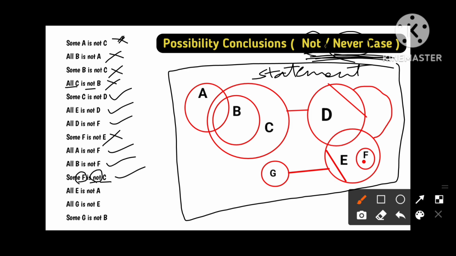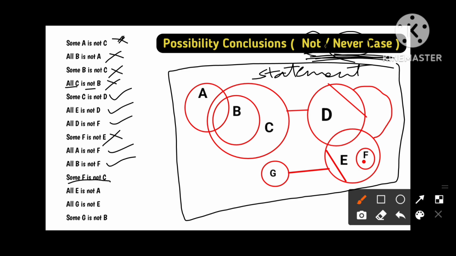I am actually sharing a technique for how to remember. If we see a "not", then we need to check all case. Without checking all case, we can say whether it is true or not. First we need to check the meaning of this conclusion.